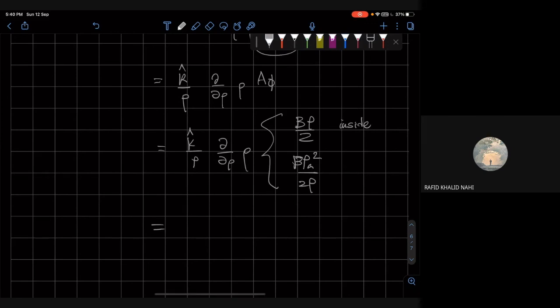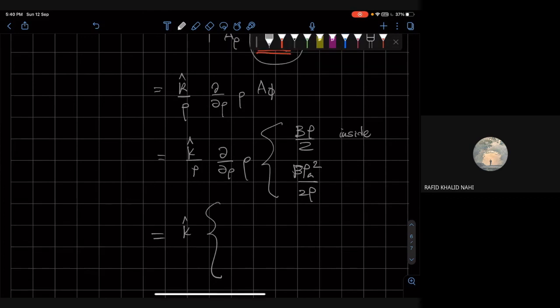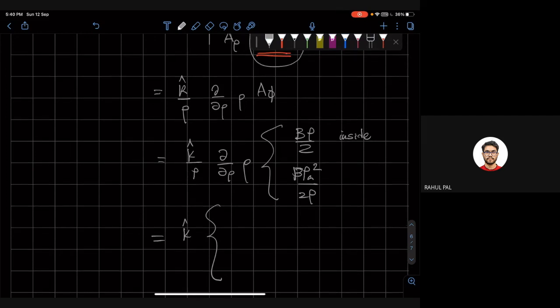Now, if I'm inside, then I have k hat, and we see that it's d by d rho of B rho squared by 2.